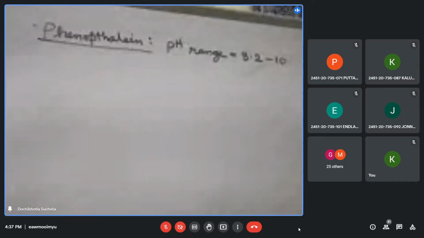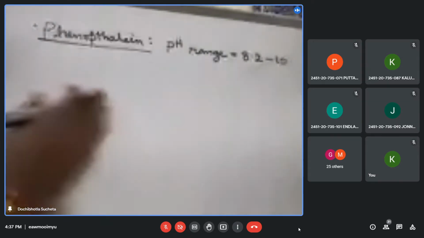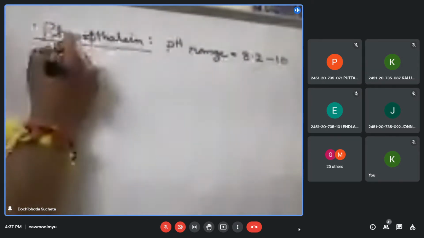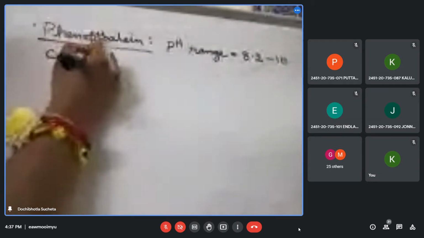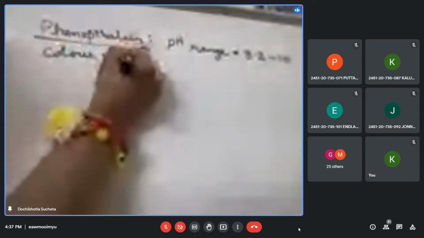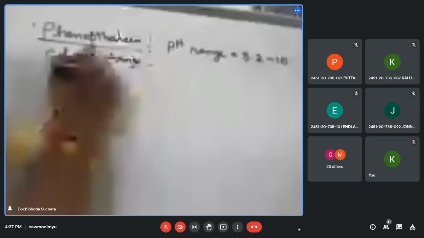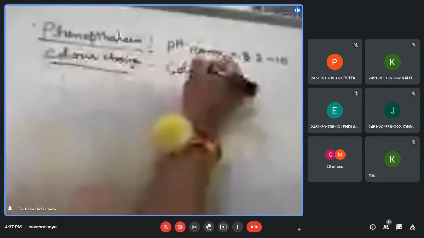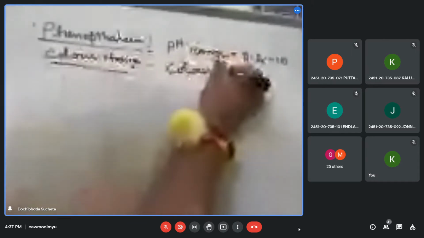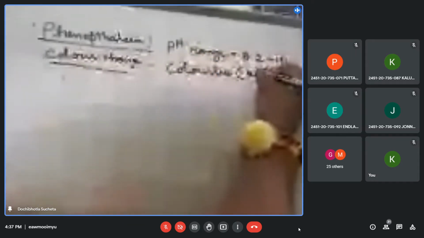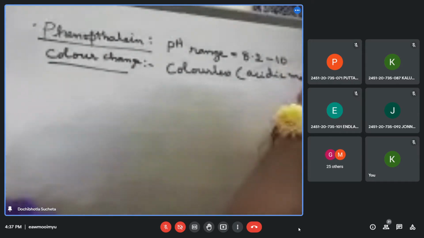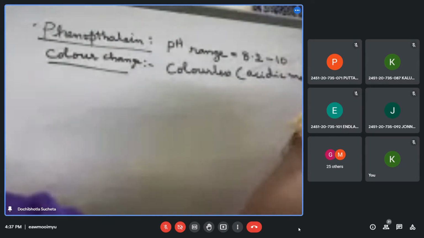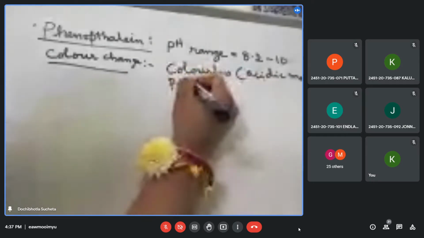So what is the color change of this indicator? It is colorless in acidic medium and pink in basic medium.